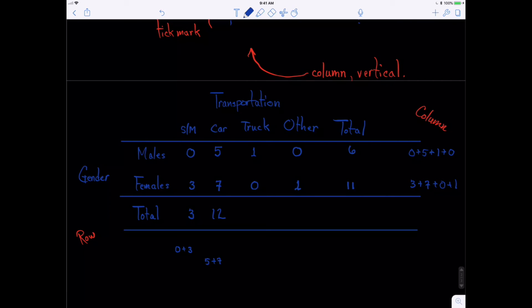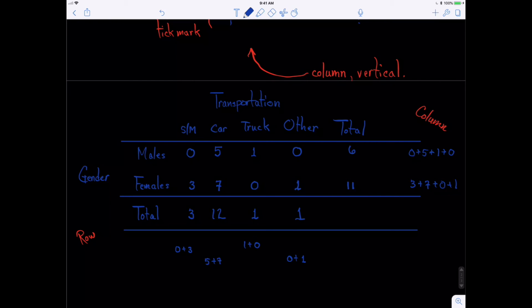That tells me that 12 people drove cars. For trucks, I have a 1 plus a 0, so we have 1 person driving a truck. And my other column is a 0 plus 1. So I would say that I have 1 person that used other modes of transportation.